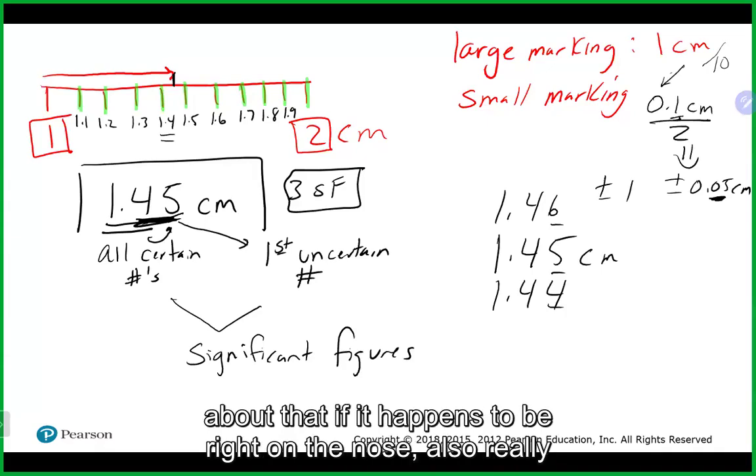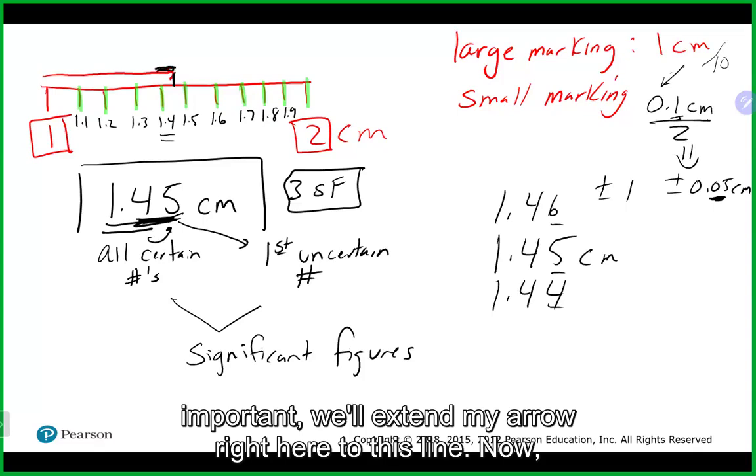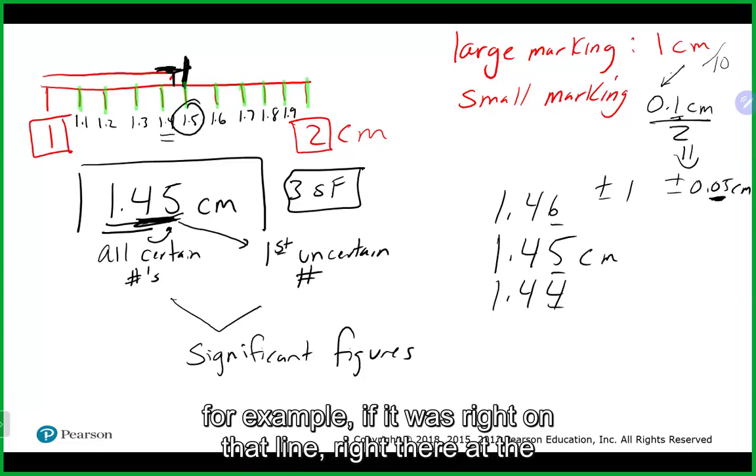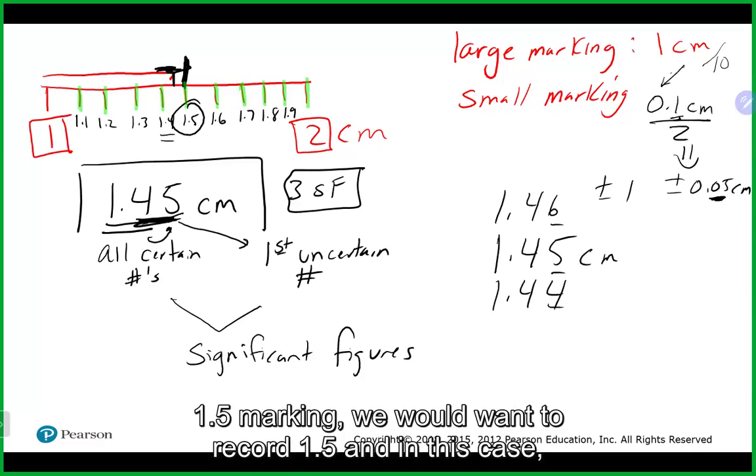We also talked about that if it happens to be right on the nose, also really important. We'll extend my arrow right here to this line. For example, if it was right on that line at the 1.5 marking, we would want to record 1.50.